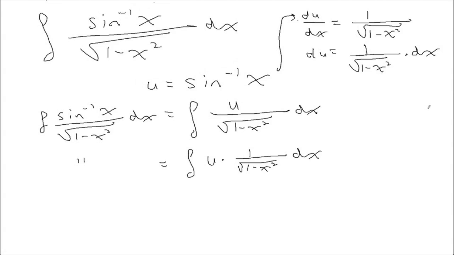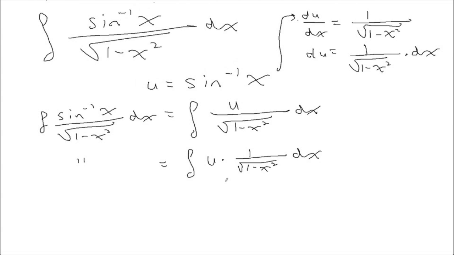So I would rewrite this as du over 1 divided by square root of 1 minus x squared. And then we can just multiply by the reciprocal. So it would be square root of 1 minus x squared du equals dx. Okay, that is a legal step. I think there's a better way to think about it, though.